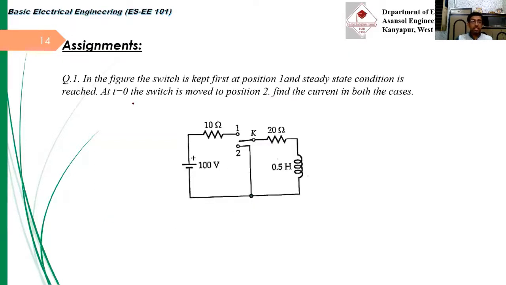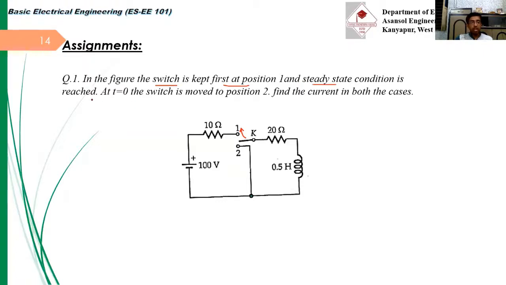Okay, next is some assignments. That's for you people. Okay, try to solve this assignment. Let me read it first. In the figure, the switch is kept at first at position 1. That means first it is closed at position 1, the system becomes charging in nature and it achieves the steady state condition.